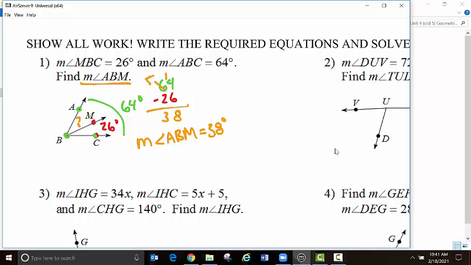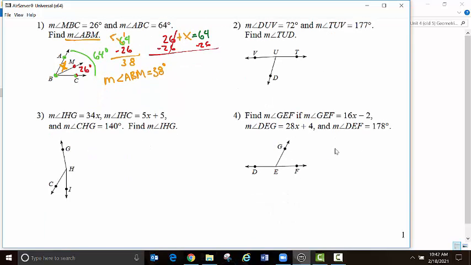Could you have written that as an equation? Yes. You could have said, look, 26 plus x, this is the x, the thing we don't know, equals 64, and then minus 26 from both sides to solve. But when they're really simple, you don't need to write an equation.